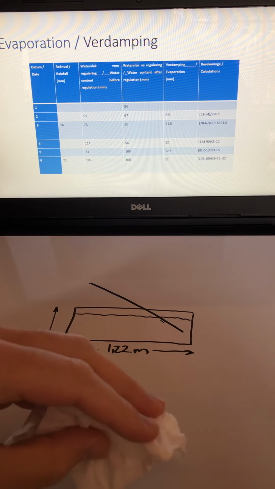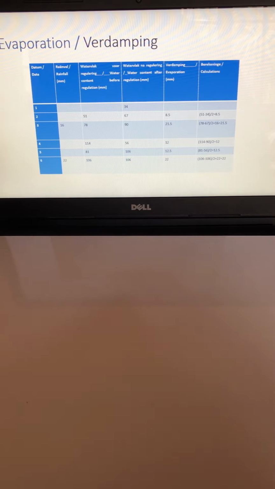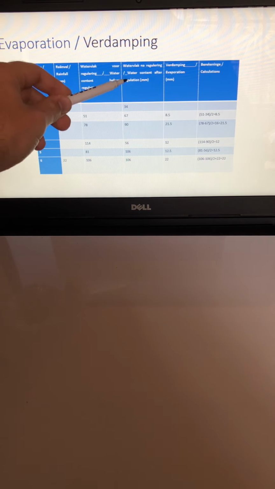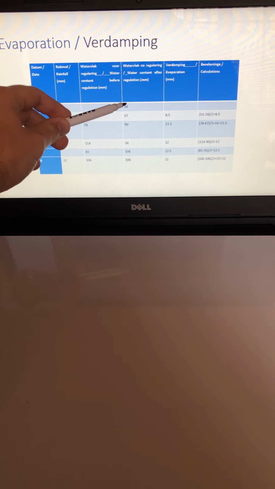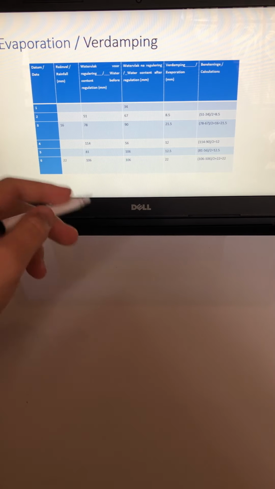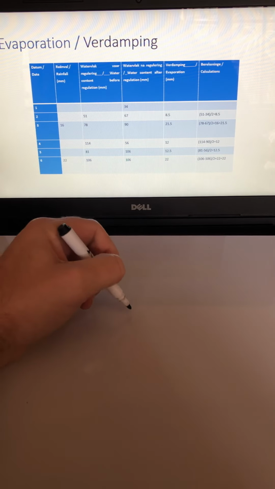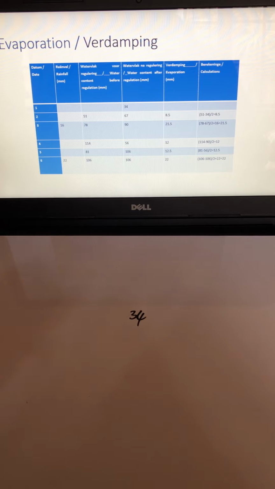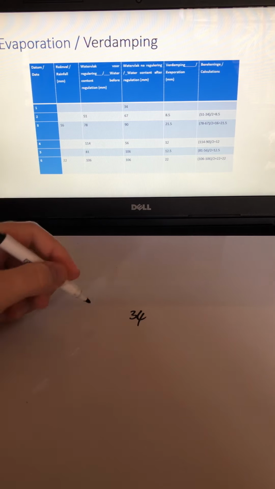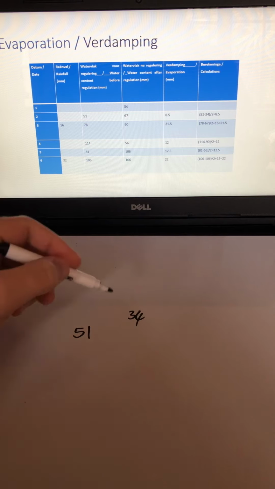So in this table, there are a couple of different values, and this column refers to the measurement that was taken, the previous one, and then that is the next morning. So what you'll see is this value over here that was taken afterwards is 34 millimeters, and then this is the next row. So the next measurement is 51 millimeters.